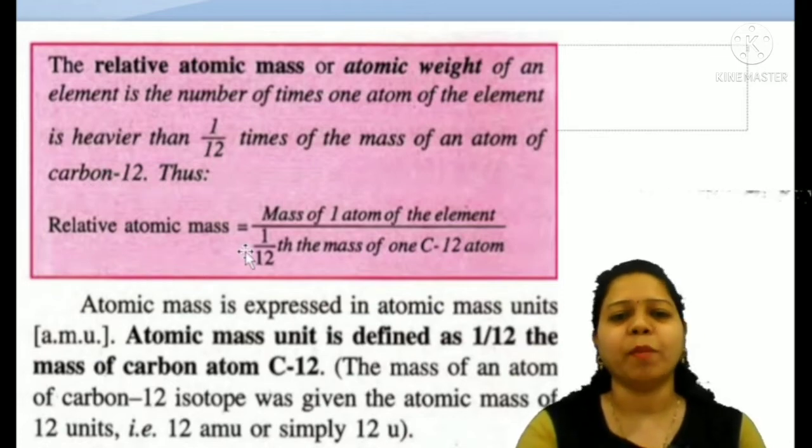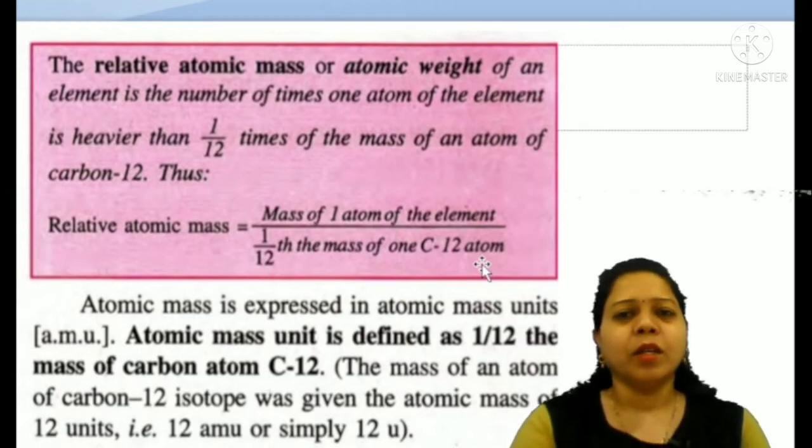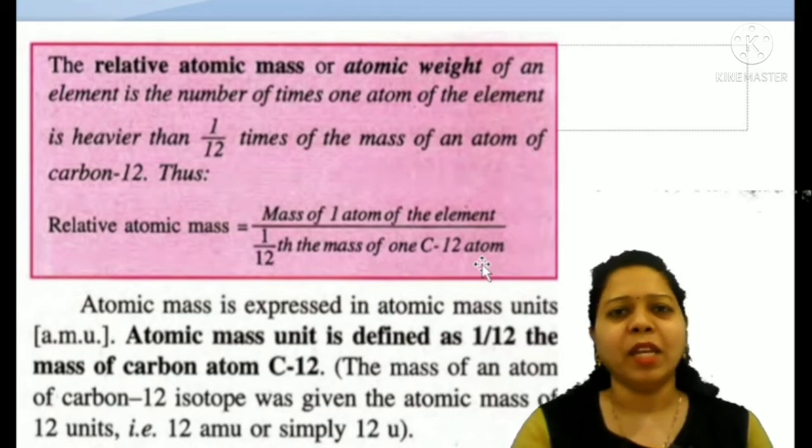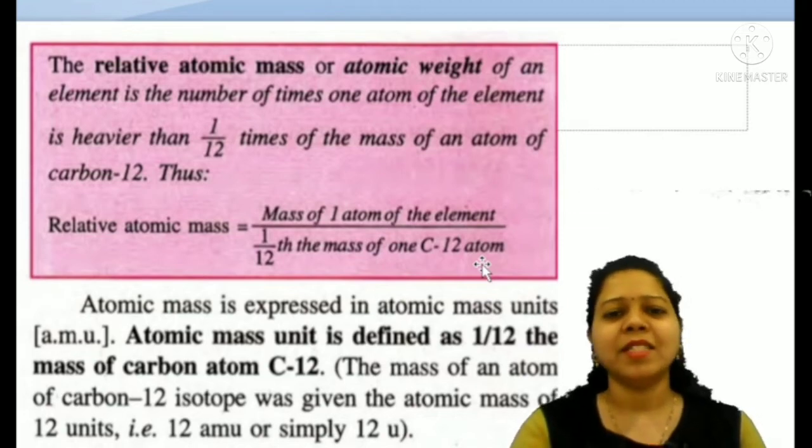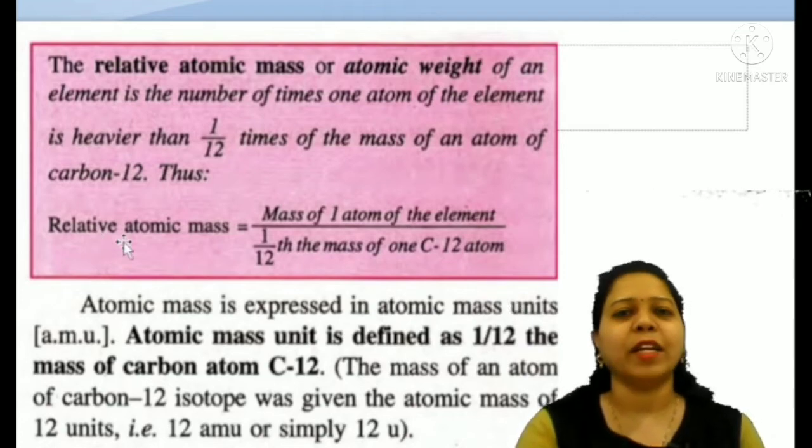Thus, relative atomic mass is the mass of one atom of the element divided by 1/12 of the mass of a C12 atom.